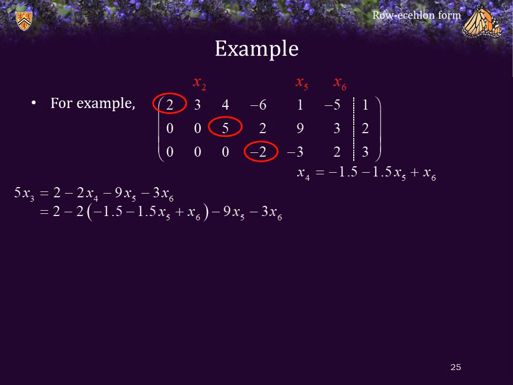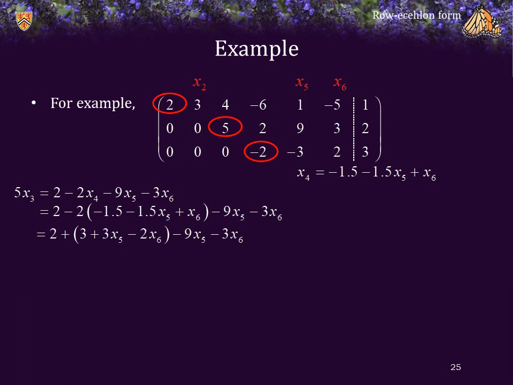Okay, so now let's multiply out that expression, so multiply each term in that by -2. So we get now that 5 times x3 is equal to 2 plus that expression minus 9x5 minus 3x6.